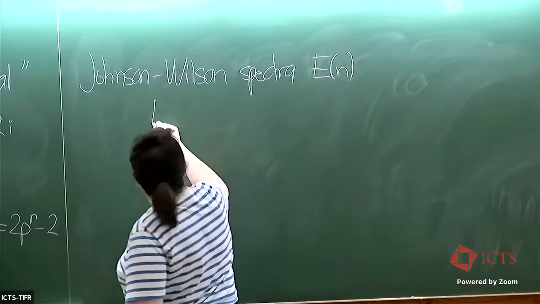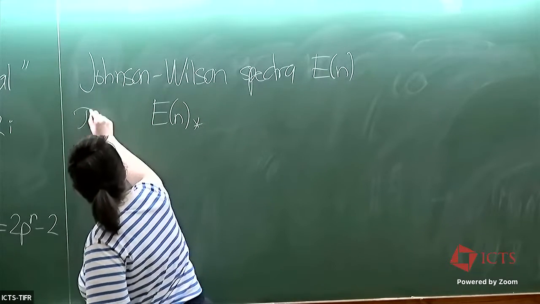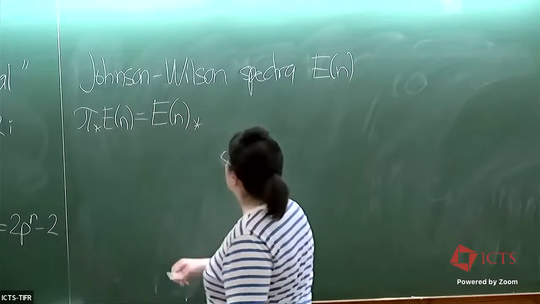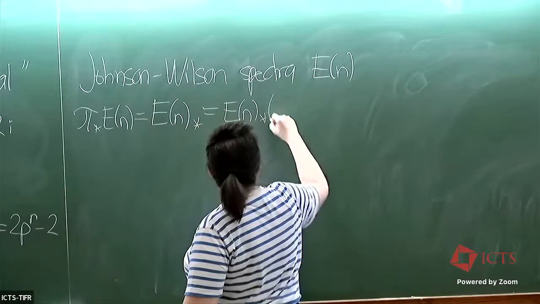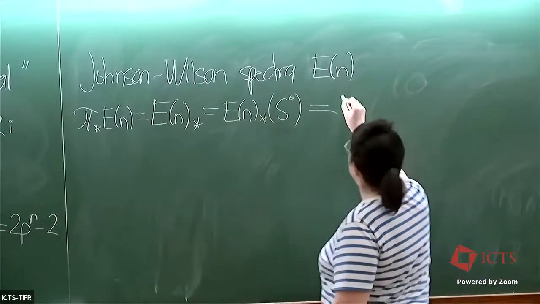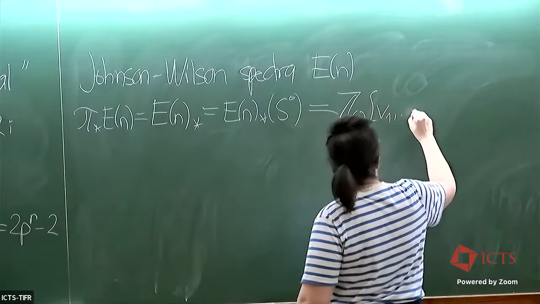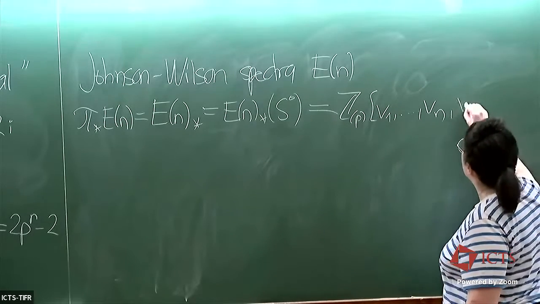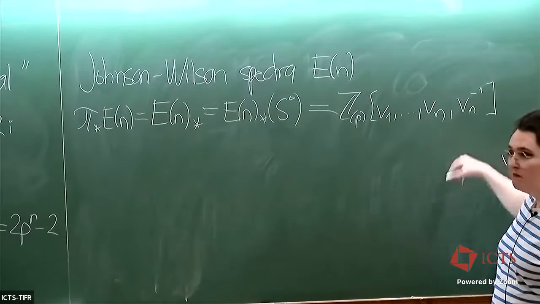And their coefficients, so their homotopy groups, that is just shorthand for these things. It is going to be, you start with the first n of these v's, and then for the last one, you also add the inverse.